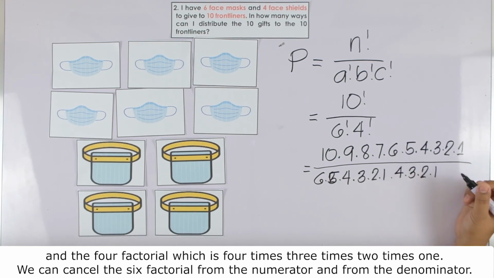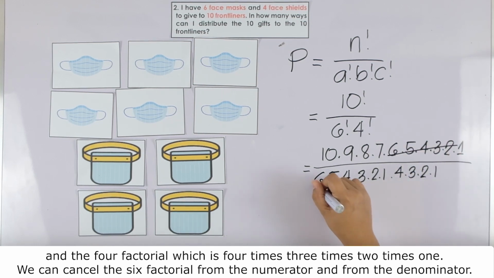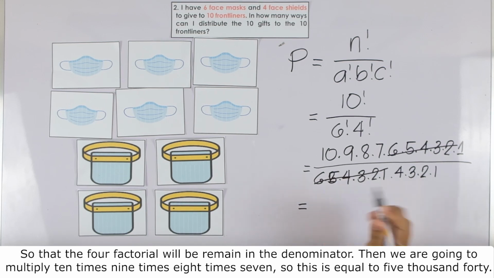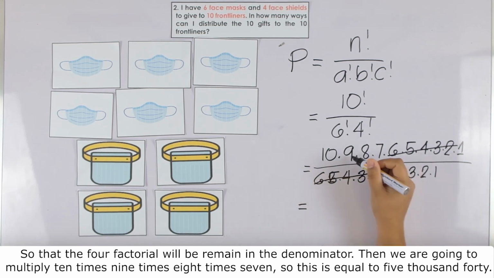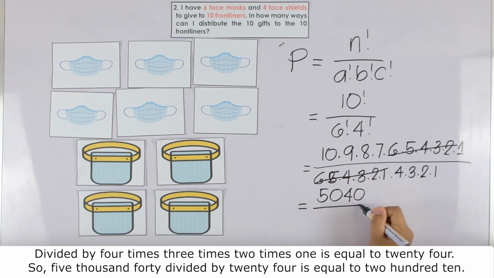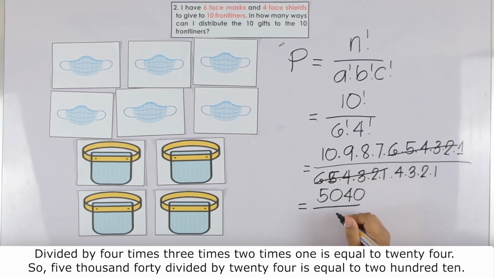We can cancel the 6 factorial from the numerator and the denominator, so that the 4 factorial will remain in the denominator. Then we multiply 10 times 9 times 8 times 7, which is equal to 5,040, divided by 4 times 3 times 2 times 1, which is equal to 24.